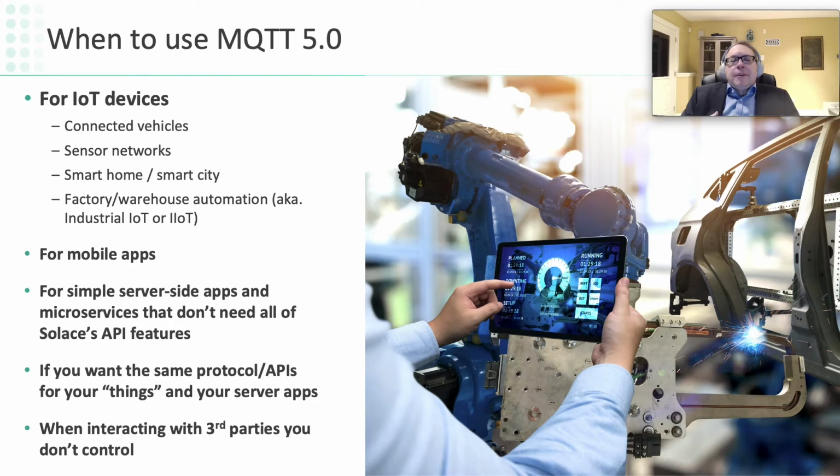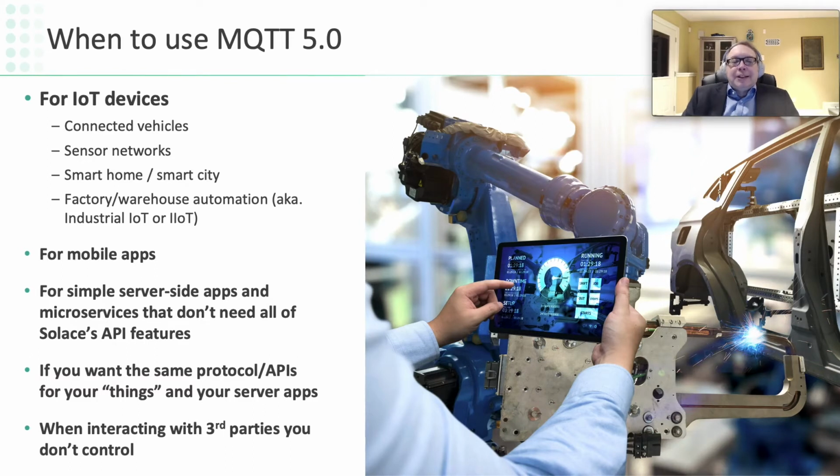But with some of the new features that have been added with MQTT 5.0, it kind of goes beyond IoT devices and mobile apps. And it really does have enough capability that if you're building server-side applications, if you're building microservices, and you don't necessarily need all the capabilities of a full-fledged messaging API, you should really give MQTT 5 a look, right?